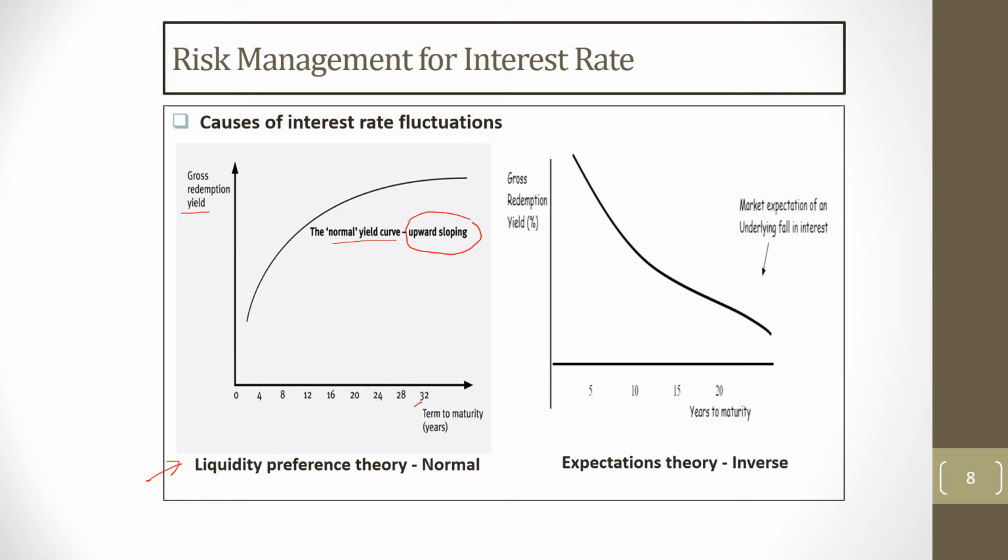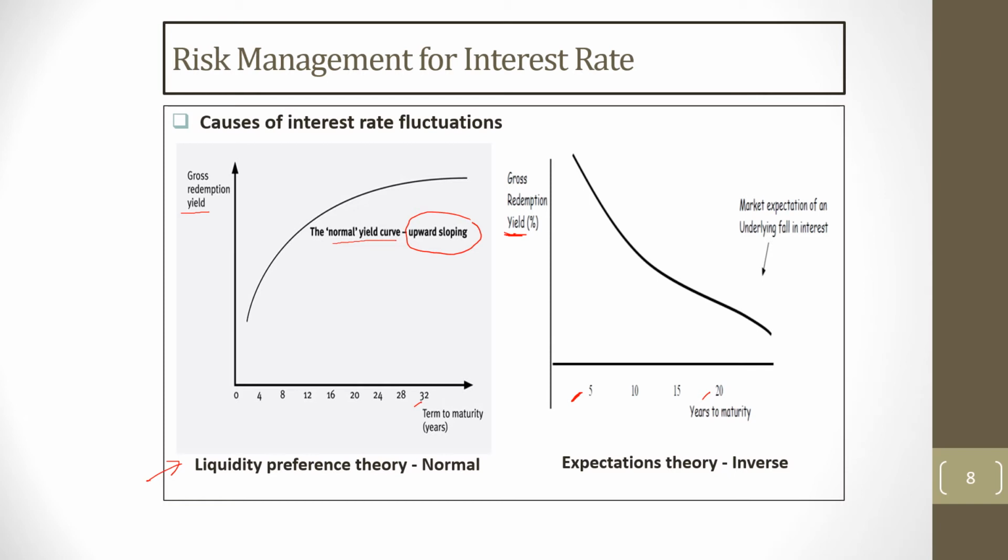Okay, so untuk the second one is inverse. So as you can see here, semakin sikit tempoh masa ataupun kita kata short term, in the short term dia berjaya untuk ambil higher yield. But at the end of the years, semakin lama dia semakin berkurang dia punya yield of debt.